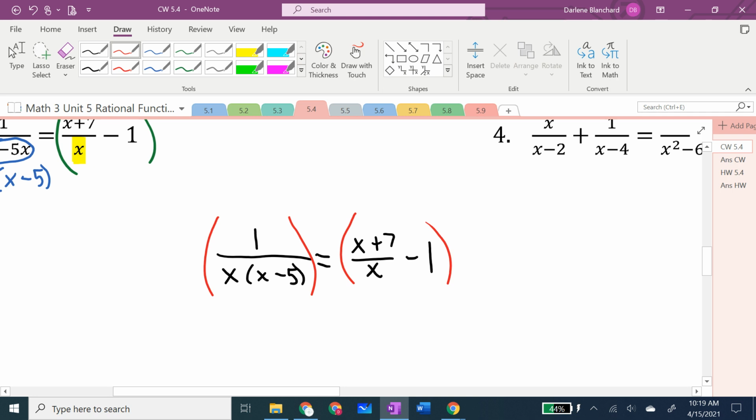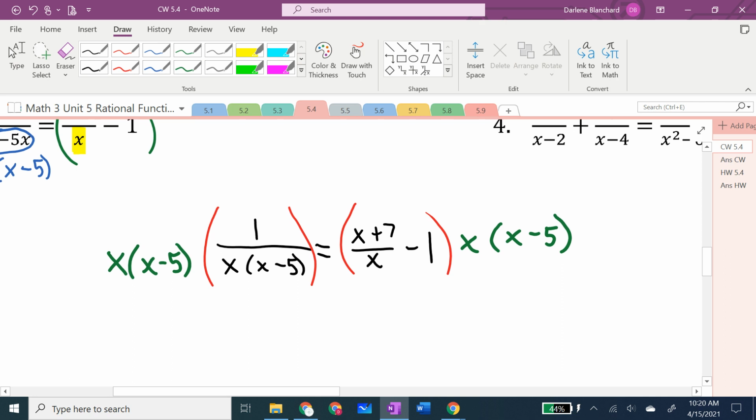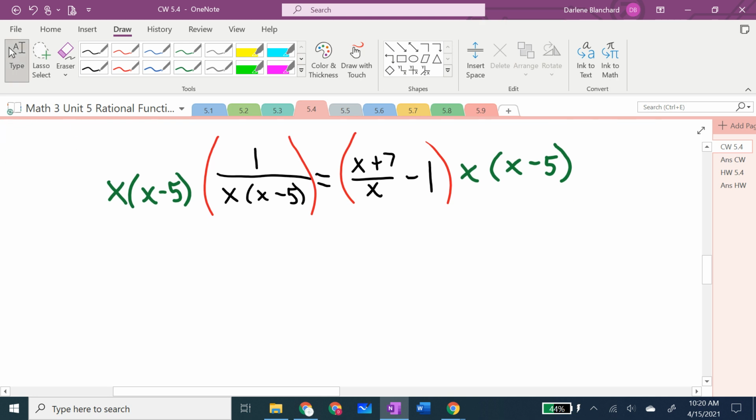So we are going to multiply both sides of the equation by the least common denominator, x times x minus 5. Now, when you look at the left side over here, do you see like, woohoo!